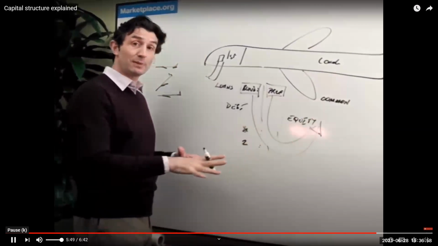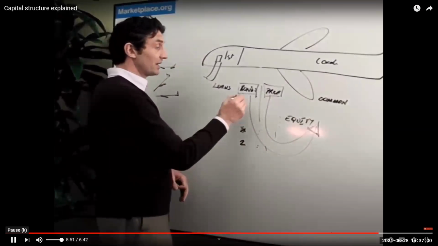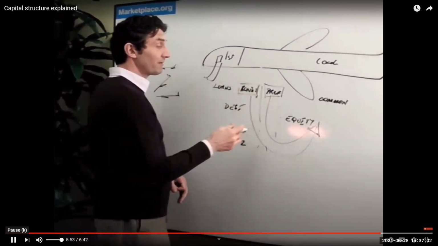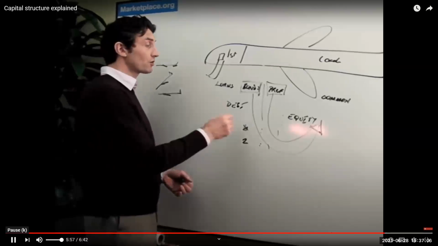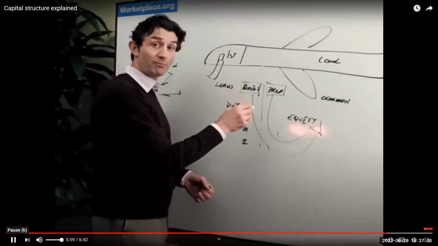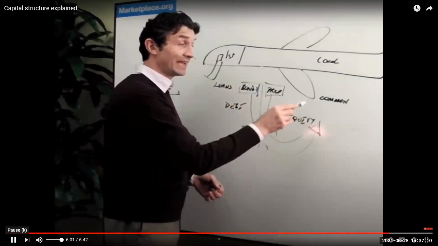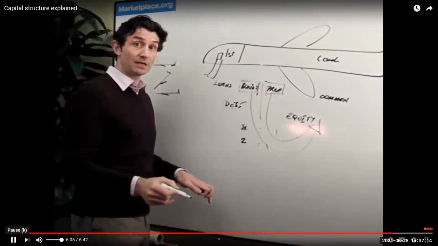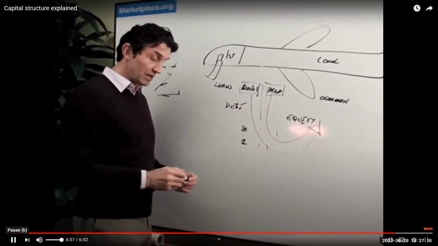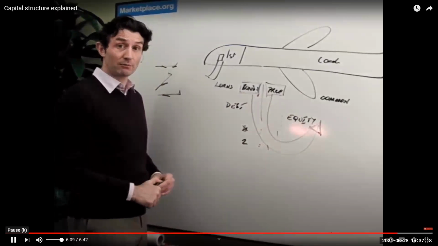That's the decision that these people have to make, and that's the case that's made to them whenever the restructuring managers or whatever it may be are trying to get people to convert from debt or preferred stock into common stock in order to rebalance the capital structure and make it more likely that the company will survive.